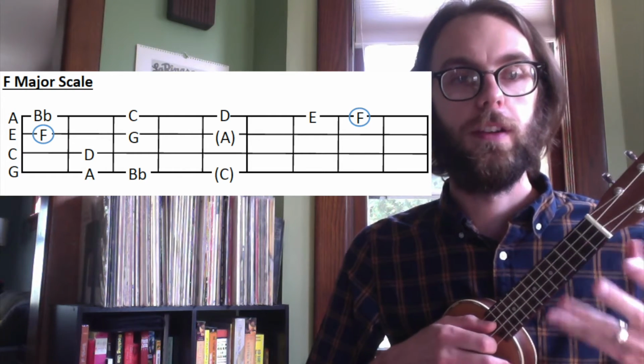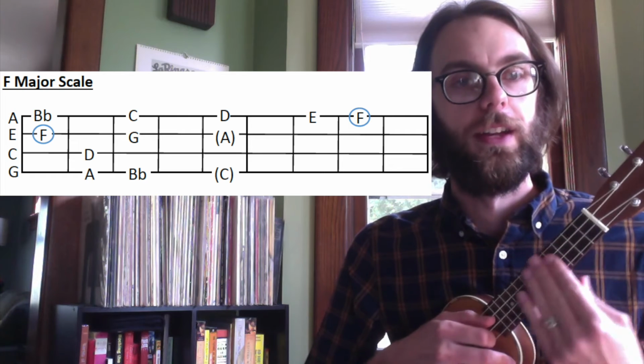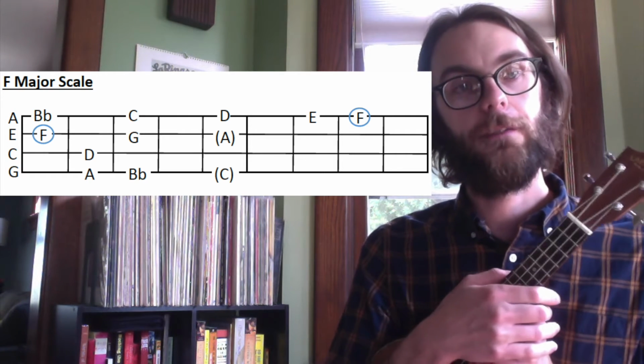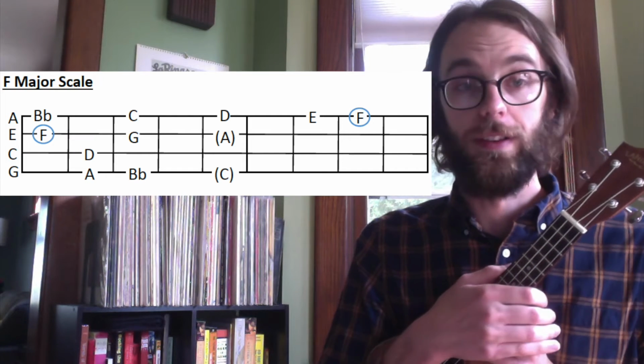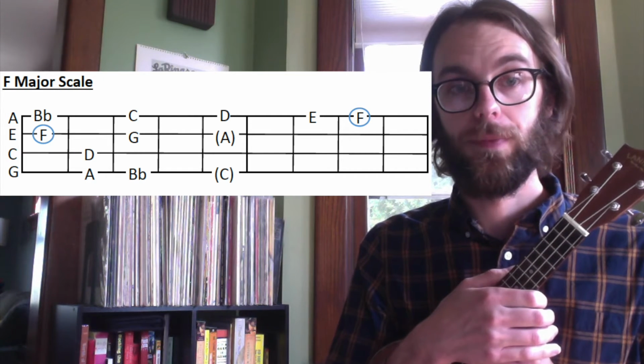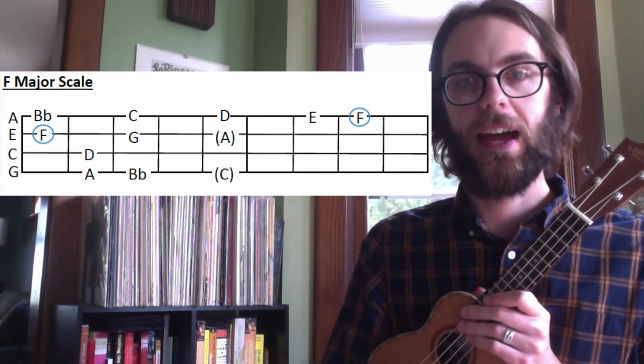So there's the notes on there. Remember, the key of F had a B flat. So instead of the regular B, it's a B flat to keep that same half-step relationship.